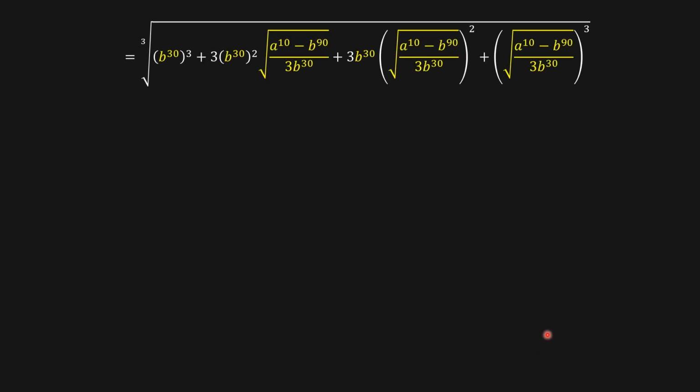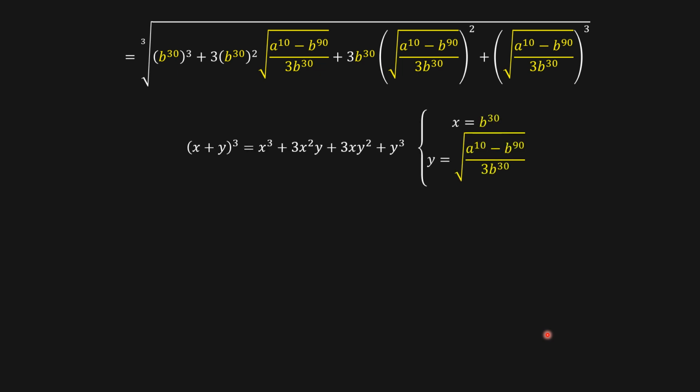Cool. And then from here, we said this, right? It means that this cubic root here will be just equal to b to the 30 plus square root of a to the 10 minus b to the 90 over 3b to the 30, and this to the power of 3.